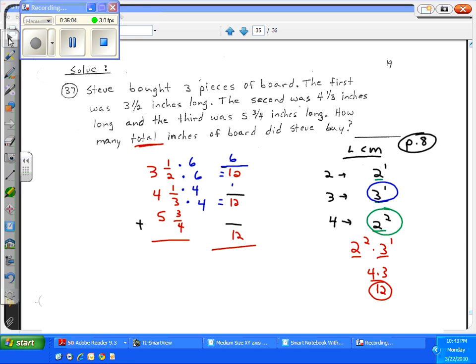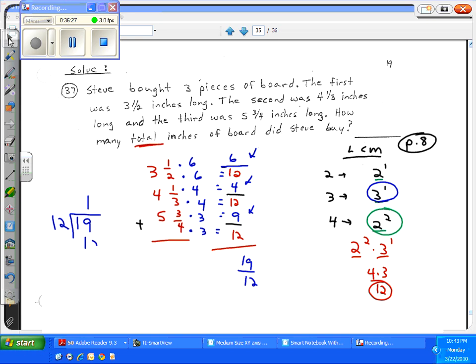So 1 times 4 is 4. 4 times what is 12? 3. So 3 times 3 is 9. So then you would add them up. 6 of those plus 4 of those is 10 of those plus 9 of those is 19 of those little 12ths. So then you would take the 19 divided by 12.